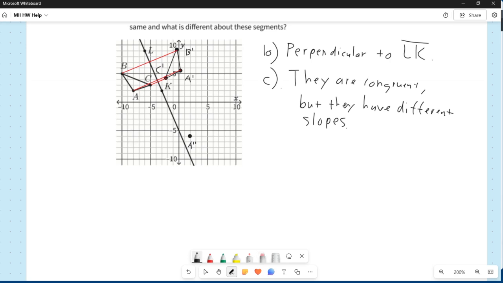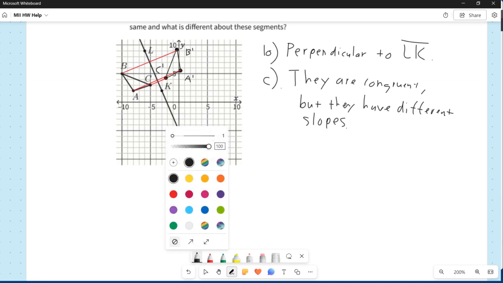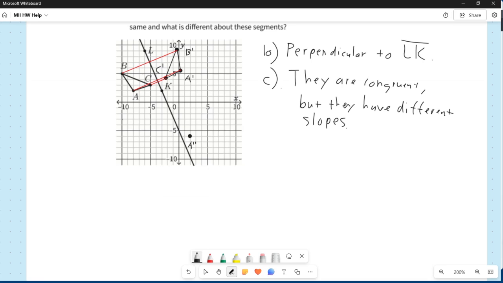Okay, we're going to do the same thing with B. For B, we're going to go down 8. So 1, 2, 3, 4, 5, 6, 7, 8 brings us to there. And then to the right 10. 1, 2, 3, 4, 5, 6, 7, 8, 9, 10. We're on the y-axis. So that's right there.